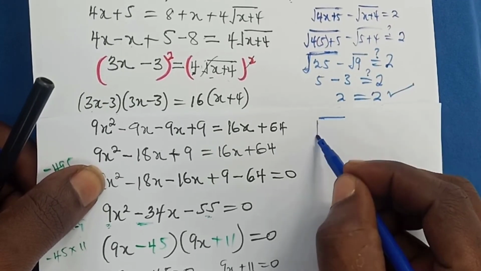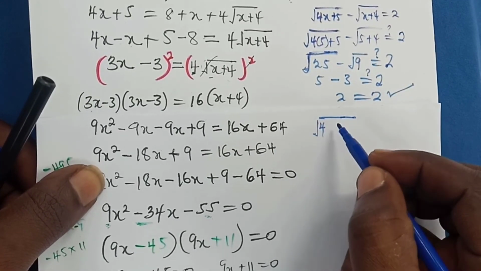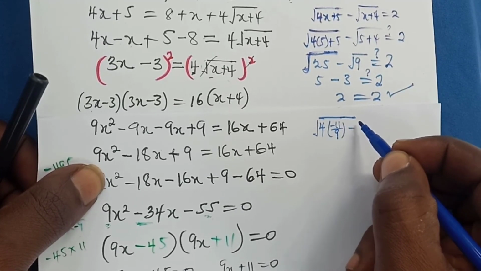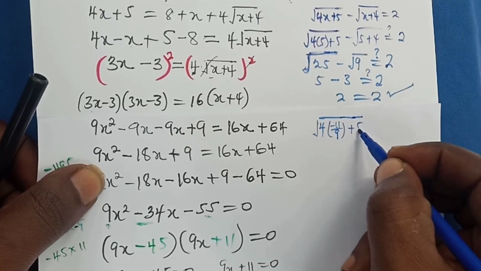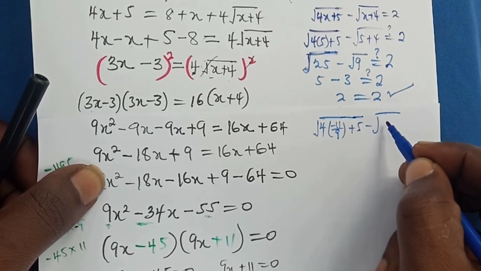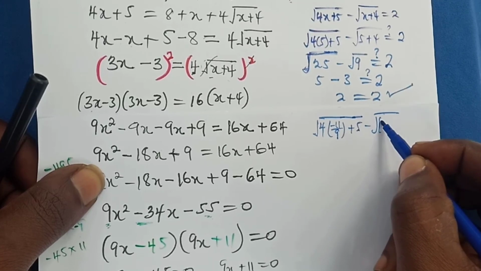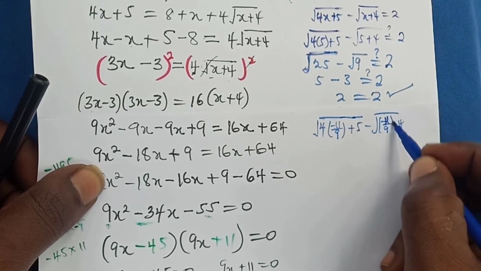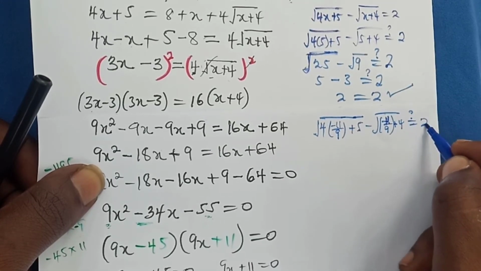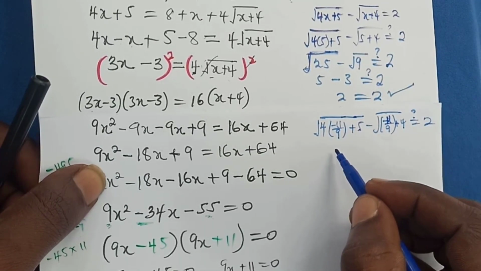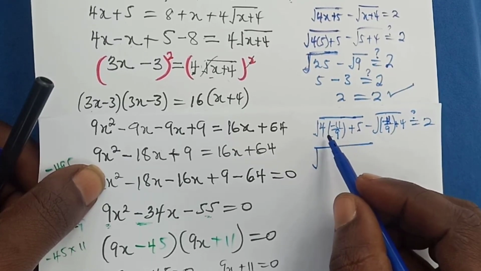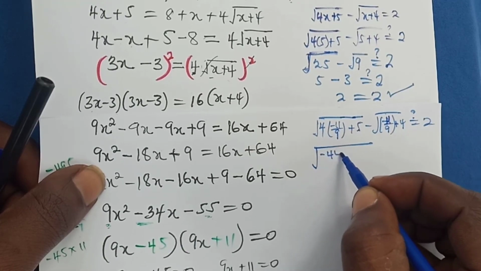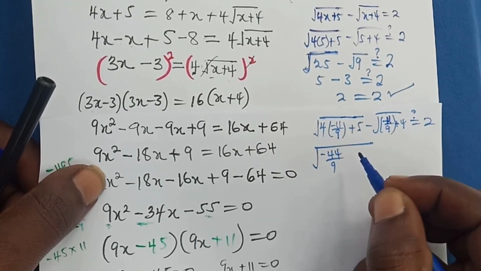So we have the square root of 4 times negative 11 over 9, plus 5, minus the square root of negative 11 over 9 plus 4. Would that be equal to 2? Alright, so the square root of 4 times negative 11 over 9 will give us negative 44 over 9.